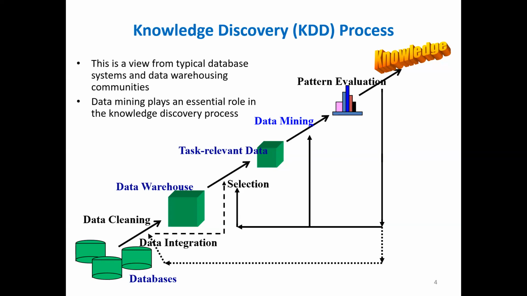On this task-relevant data set, we apply some data mining techniques or algorithms and evaluate the pattern of the data set. On the basis of the pattern, we discover some knowledge from the data set. So these are the different steps we have to follow when we are doing data mining.